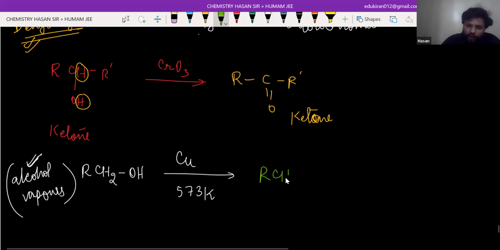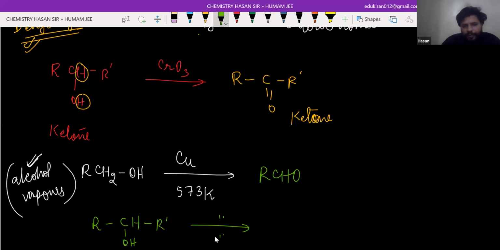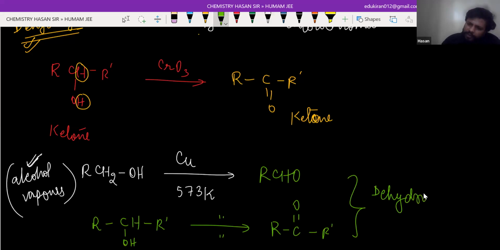So it will be converted into aldehyde. And if you have this secondary alcohol with the same reagent, it will be converted into ketone. That means for primary and secondary, dehydrogenation takes place. Hydrogen you are eliminating. But for tertiary, dehydration takes place.